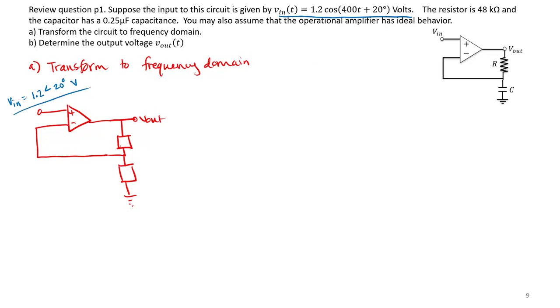If we convert our cosine to a phasor, we take our amplitude 1.2 and our phase angle 20 degrees. We're already in cosine, so we do not need to adjust our phase angle.